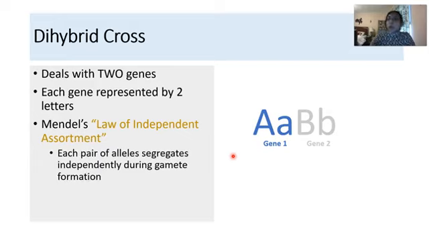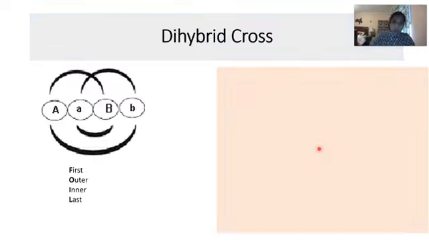And according to Mendel's law of independent assortment, we say that the pair of alleles will segregate independently of each other during gamete formation. So they should not have any cross interaction with each other, or be dependent on them. So we should be able to look at two separate ones and still have them segregate separately and independently of each other, giving us, again, specific Mendelian ratios.